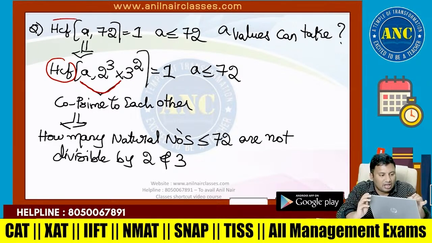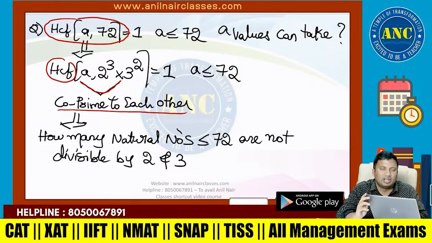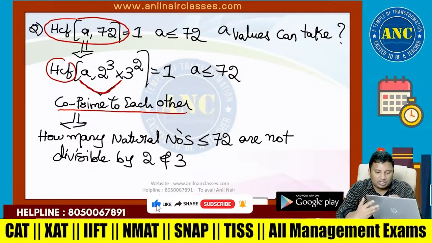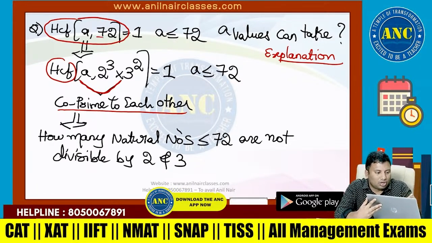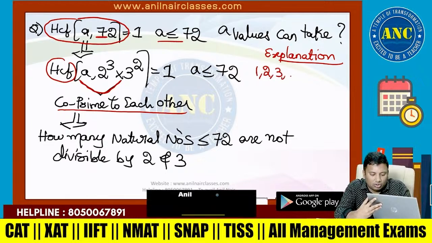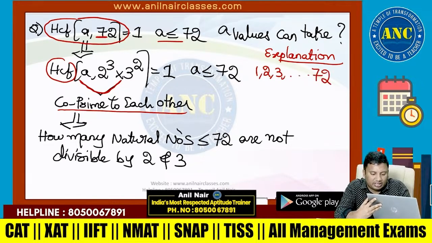If two numbers' HCF is 1, that means the two numbers are co-prime to each other. That means A cannot be divisible by 2 and A cannot be divisible by 3. Now, see carefully this explanation. Suppose there are 72 natural numbers in total: 1, 2, 3 and so on up to 72.